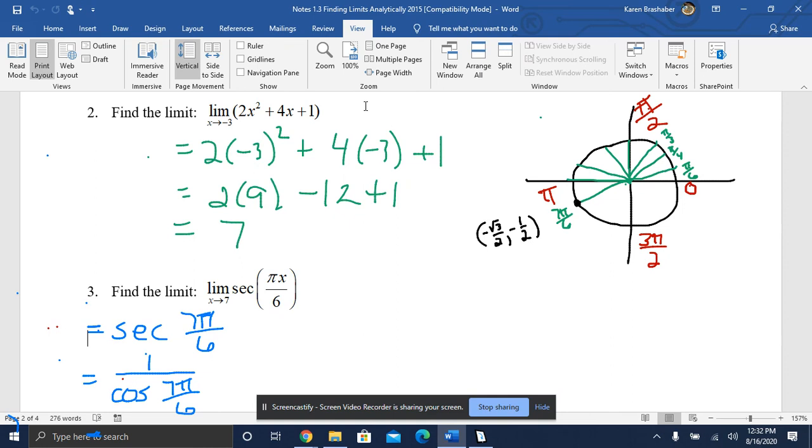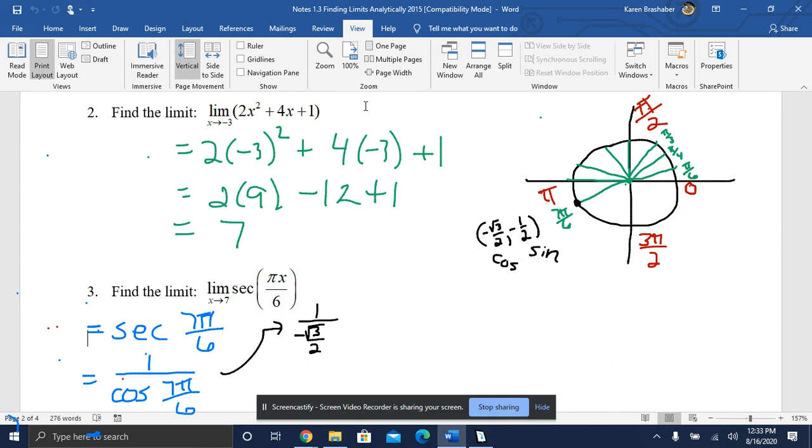So now, as we go back to where we were in the problem, we had 1 over the cosine of 7π over 6. So that would be the same as 1 over, all right, cosine is x. So your cosine is x and your sine is y. So that would be the same as 1 over the x value there, the negative square root of 3 over 2.